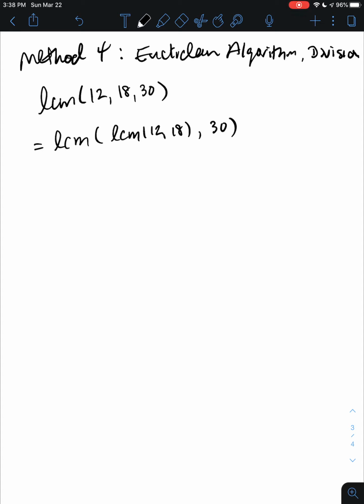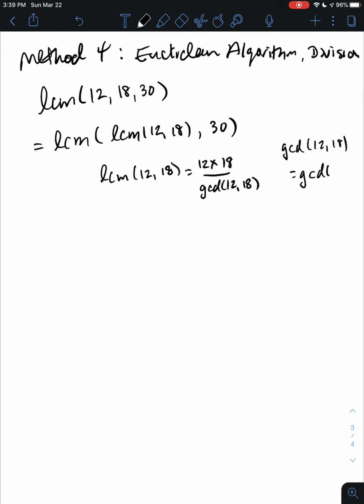So now I'm going to do a little aside. LCM of 12 and 18 is 12 times 18 divided by GCD of 12 and 18. And here the GCD of 12 and 18 is equal to the GCD of 12 and 6, which is equal to GCD of 0 and 6.